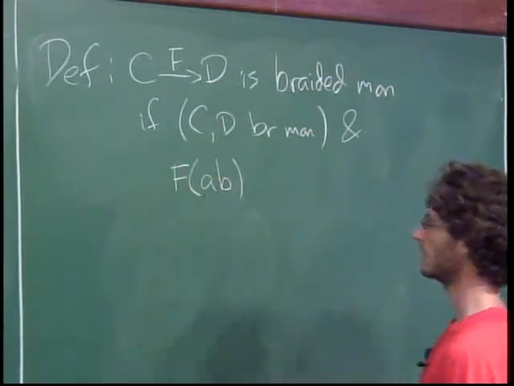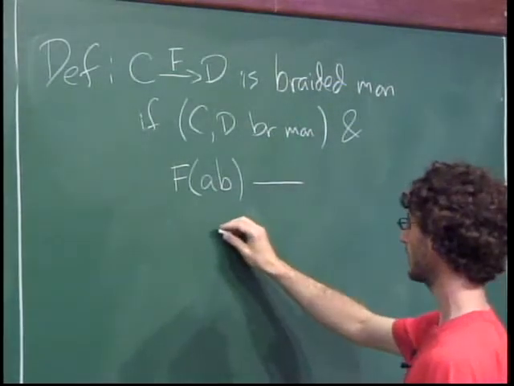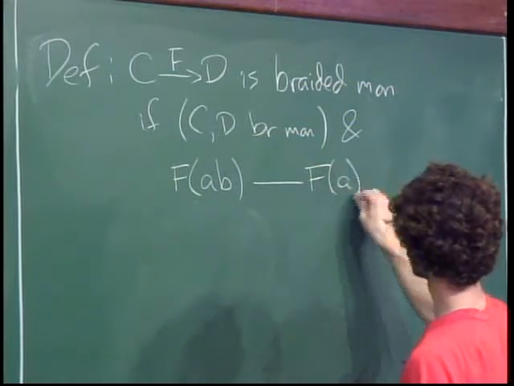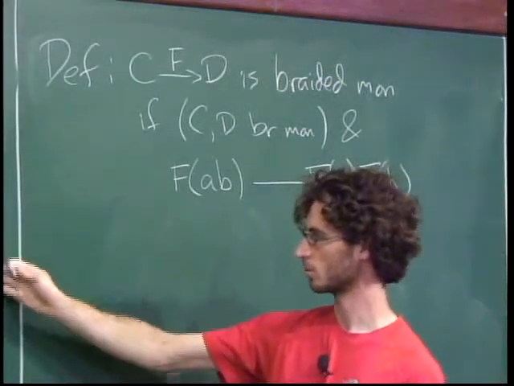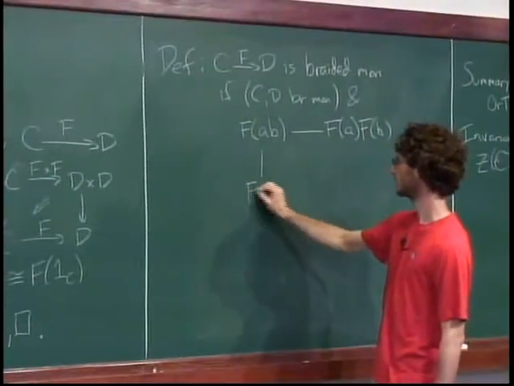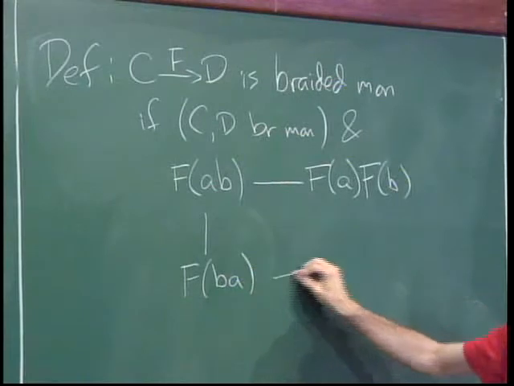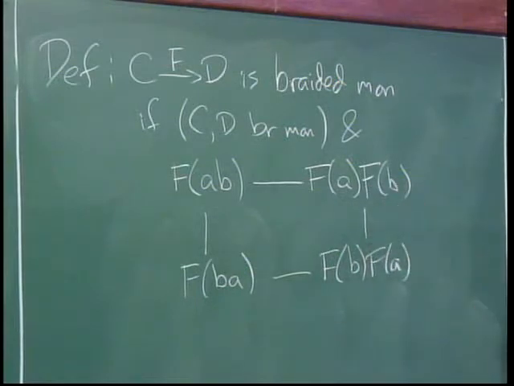Well, on the one hand, we can move them into D. The fact that this is a categorical homomorphism gives us a map from F of AB to F of A, F of B, or we can use the braiding to switch A and B and then apply the functor to that transformation, and then we can split those apart, or we can use the braiding in the target D here, and we demand that that commute.